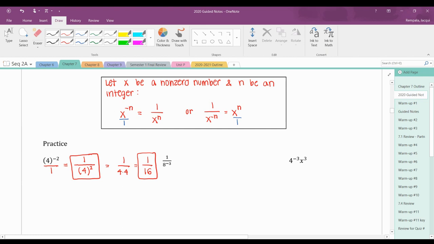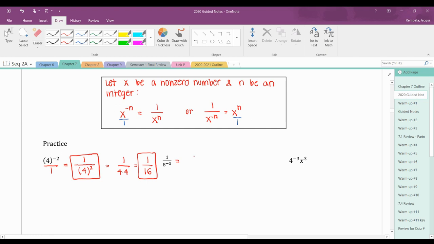If I look at the second example, I've got 1 over 8 to the negative third power. Notice that I see a negative exponent, but it's in the denominator of a fraction. So that means that I already have a fraction. I don't have to worry about putting anything over 1. If I start with that in the denominator, I then need to move it up to the numerator.